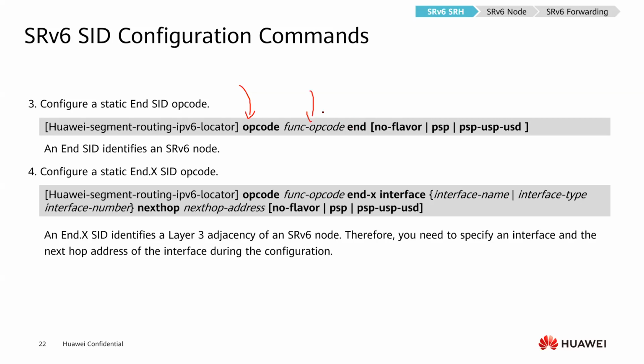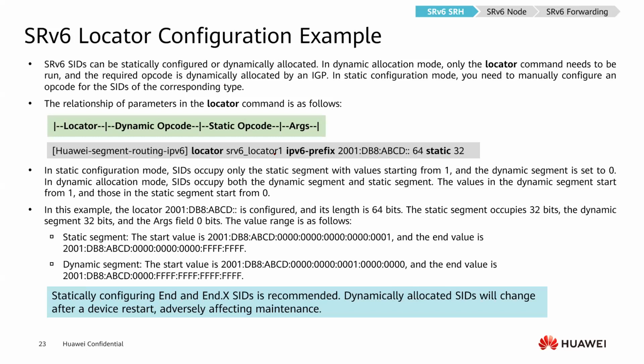You set some number to function as an End segment, and some other number to function as an End.X, and you can follow it with a flavor, either PSP or PSP, USP, USD, based on your requirement. Here is a locator example. So this is the basic idea of SRH.